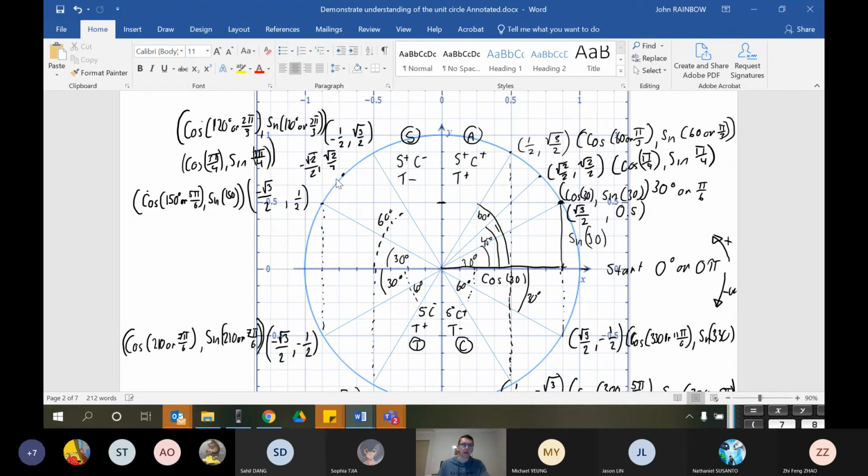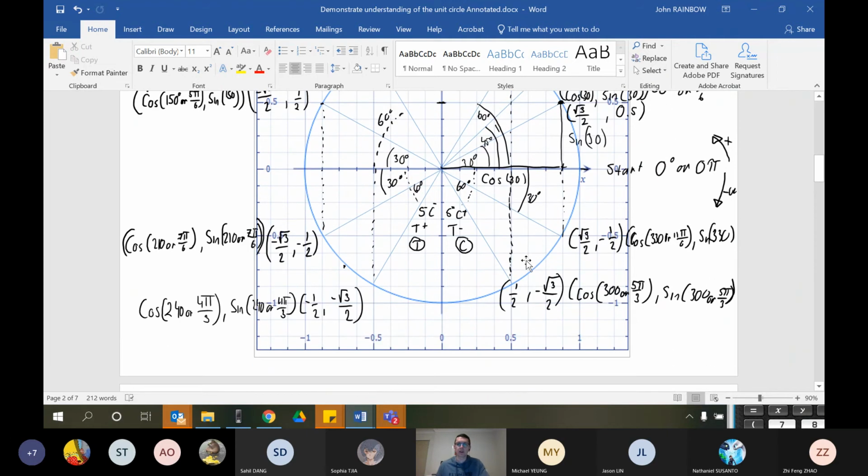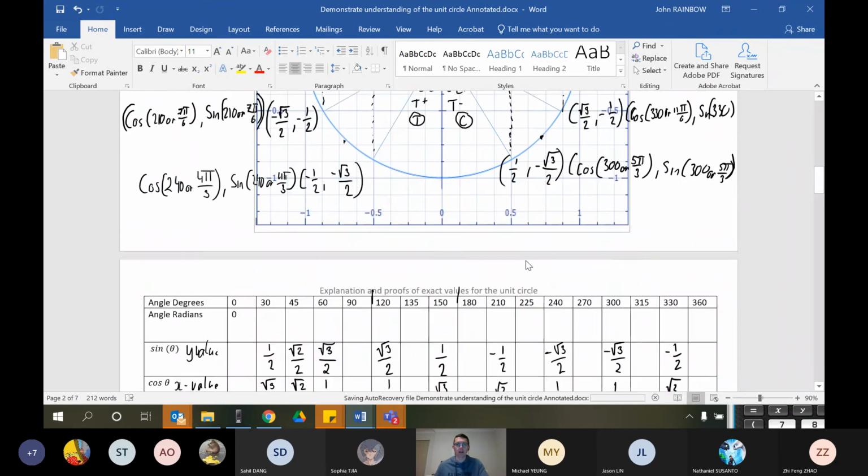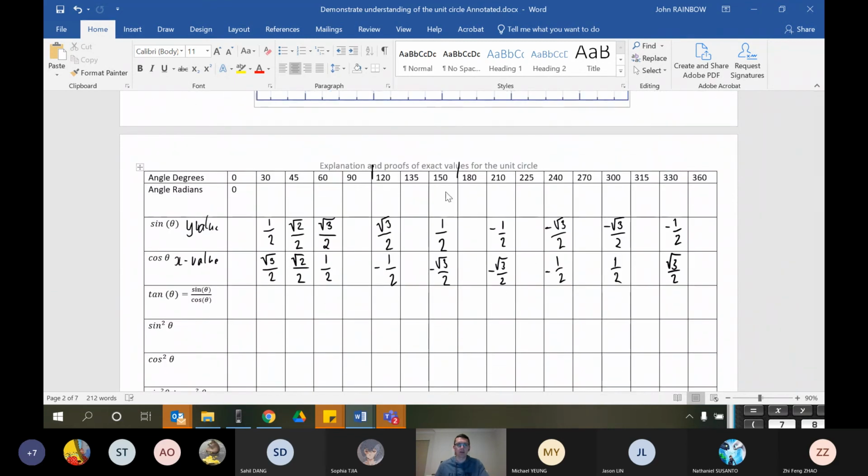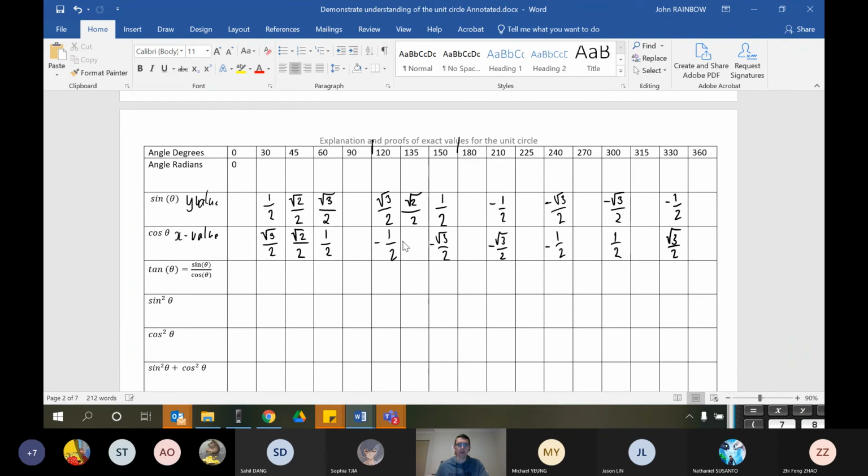All right, and down here, obviously they're both going to be negative, okay? And over here, your cos would be positive, and your sine would be negative. So when we get to our calculations and we look at 45s, over here on 45, I know that sine would still be positive, √2 on 2, but the cos would be negative because that's your x value.